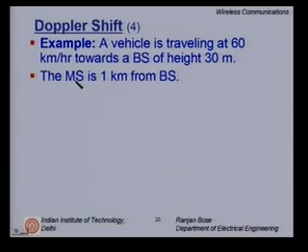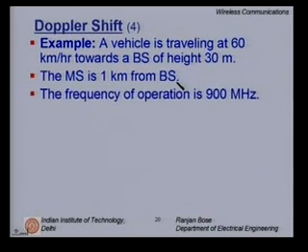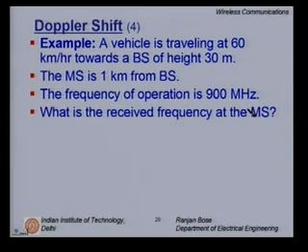Let us say that the mobile station is at a distance of 1 kilometer from the base station and is traveling towards the base station. The frequency of operation is 900 megahertz, your GSM band. The question is, what is the received frequency at the mobile station?